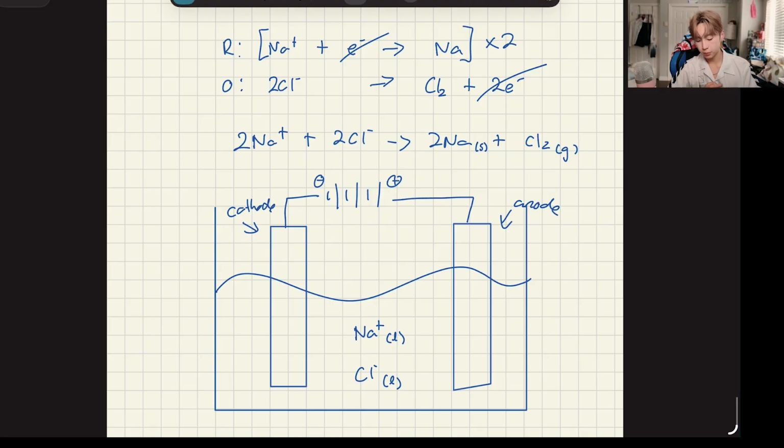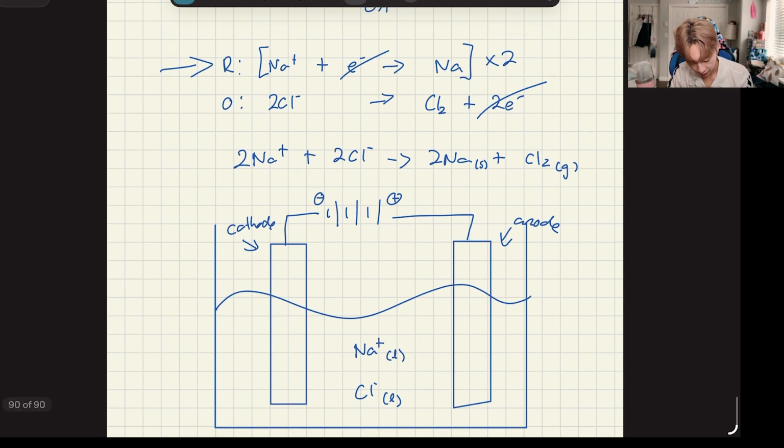Okay, now we have to remember that reduction always happens at the cathode. So our reduction here is going to happen at the cathode. It starts with electrons leaving the battery. It'll go this way, and then it'll go into the cathode, which is inert, so it will not react.